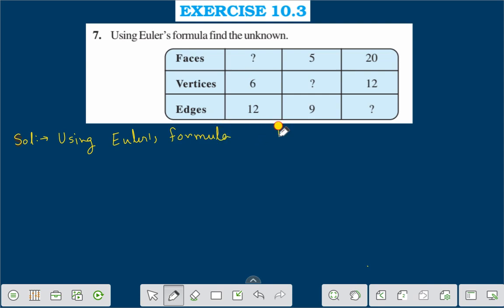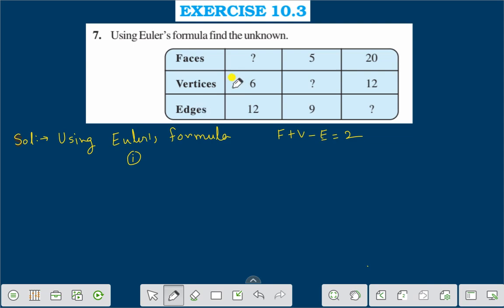Euler's formula: f plus v minus e is equal to 2. We'll first use this one, that is number 1.